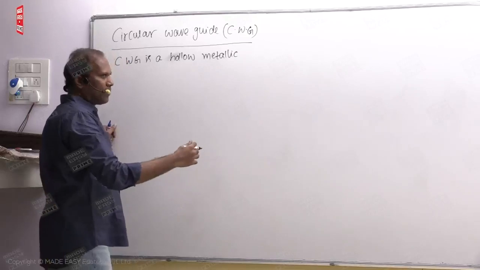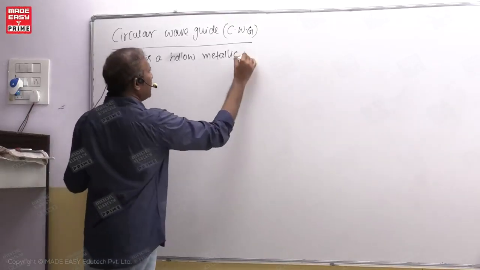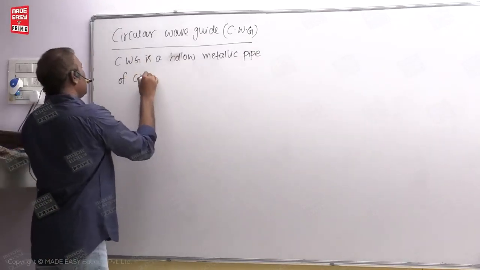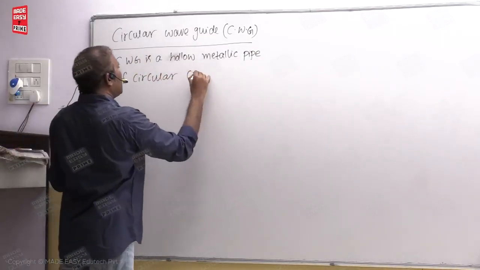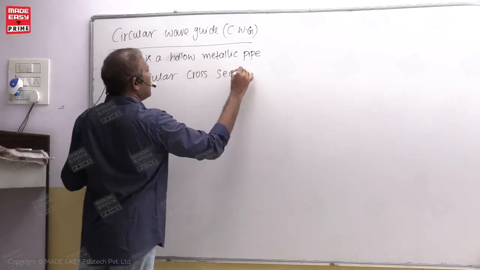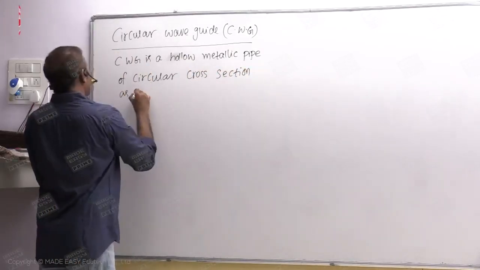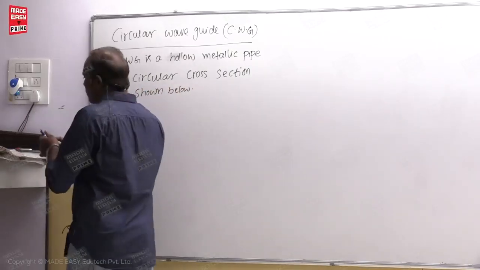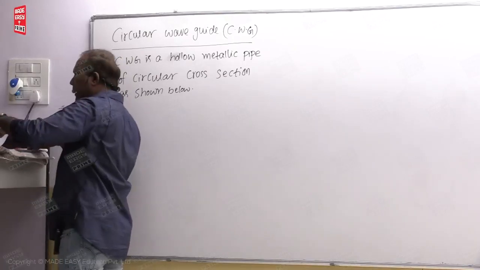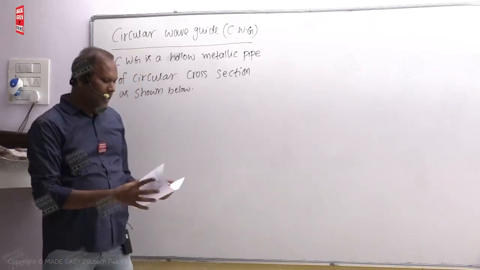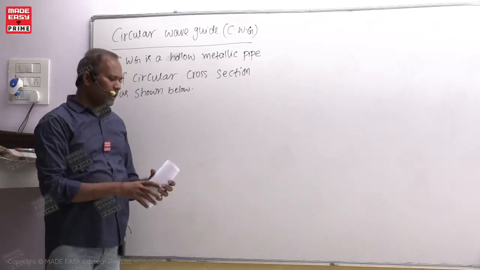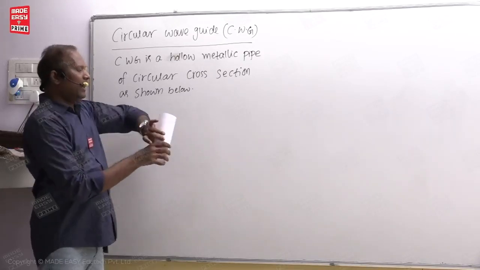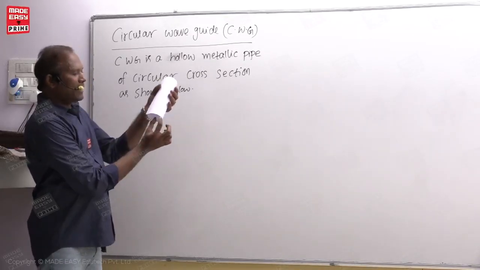Actually we want a perfect conductor, but what is available is a very good conductor, metallic pipe of circular cross section, as shown below. I have shown you that if you take a conductor sheet like this, you put that in circle form. This is conductor, then this is the input end, this is the output end. It is kept like this. The radius of this is small a.